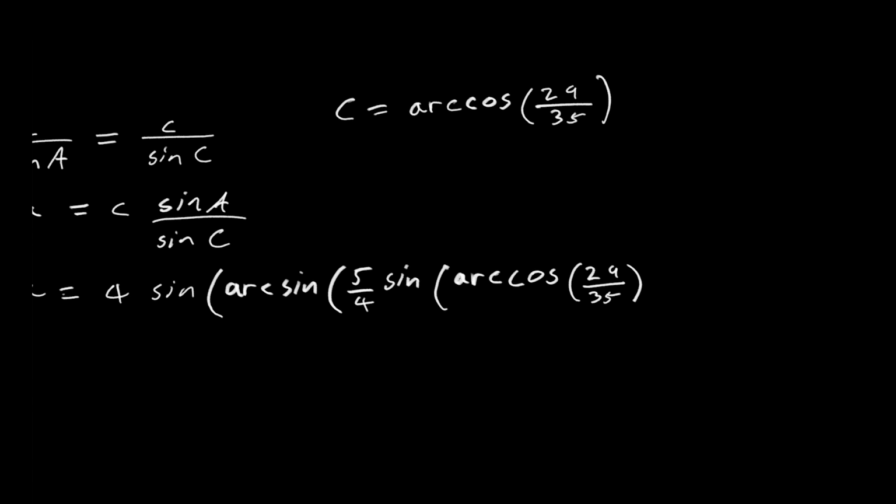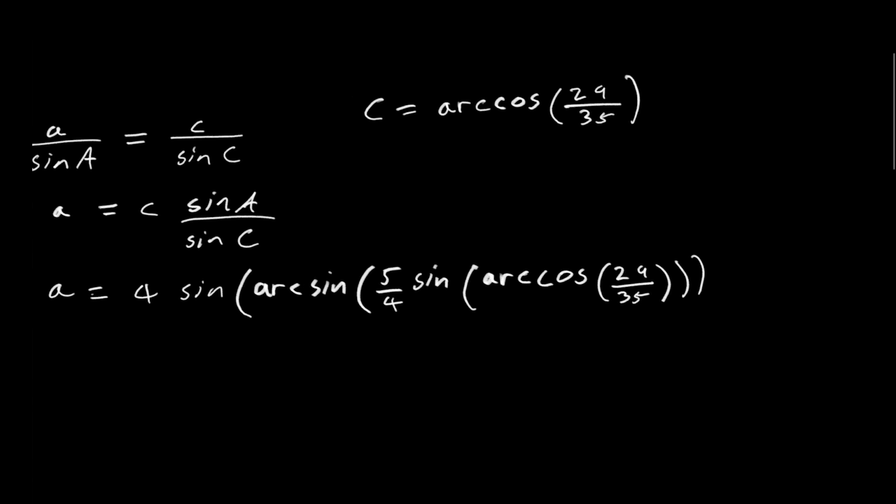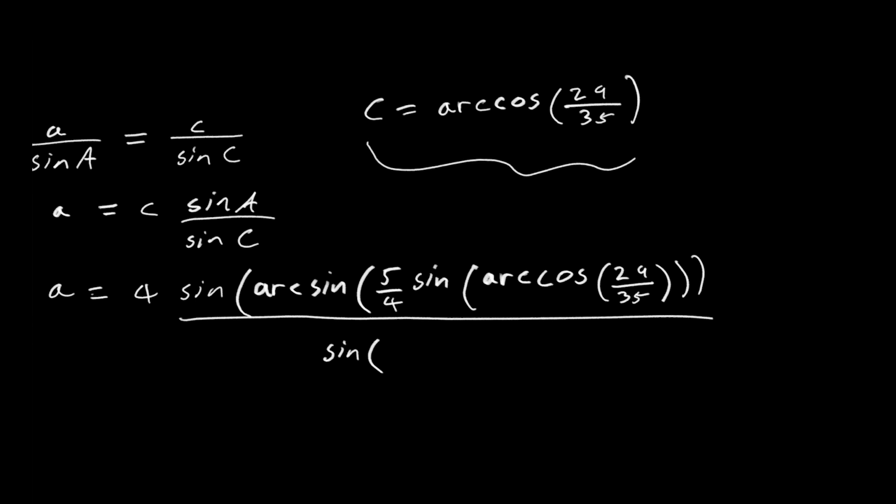And all of that is divided by the sine of C. I've written what C is up here: it's the arc cosine of 29/35. And now everything collapses and simplifies.